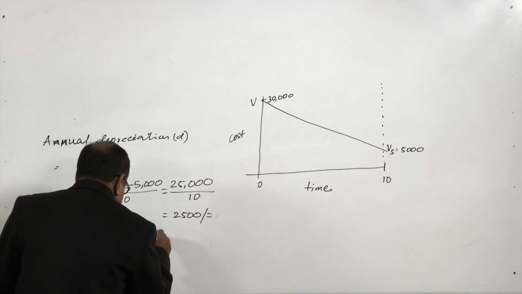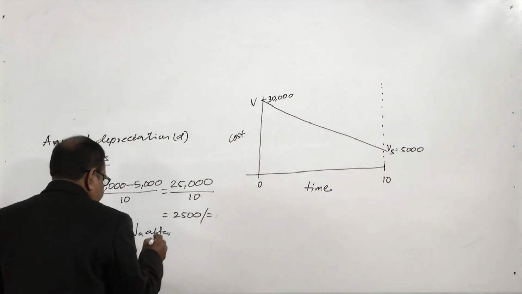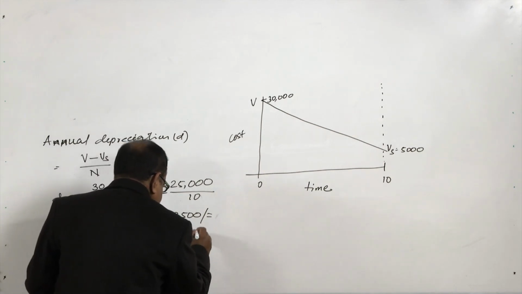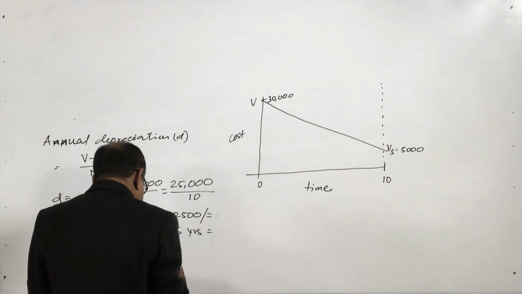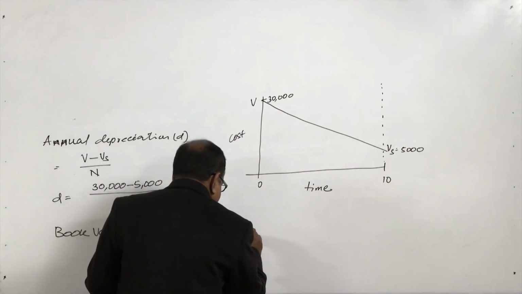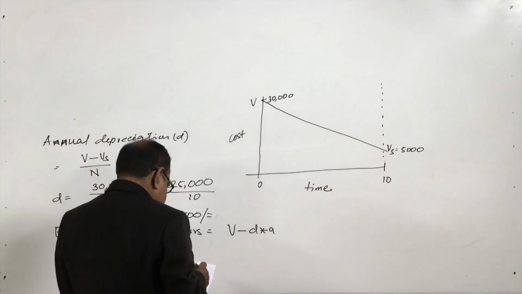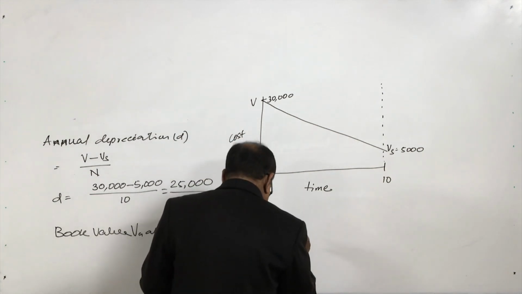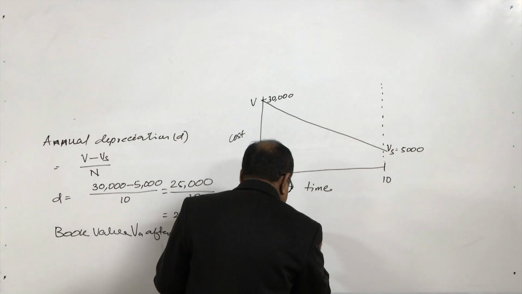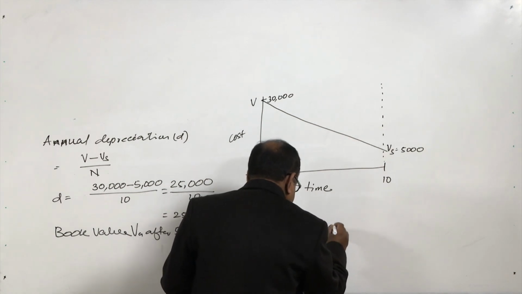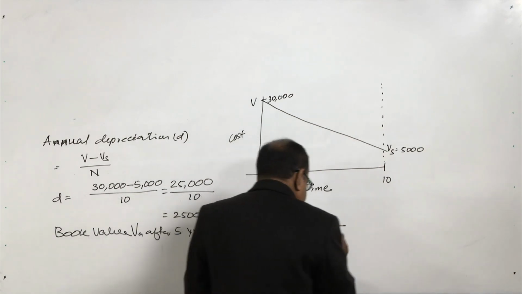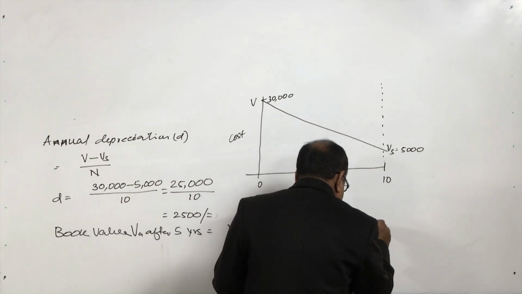VA after 5 years is equal to V minus D into A, which is equal to 30,000 minus 2,500 into 5.